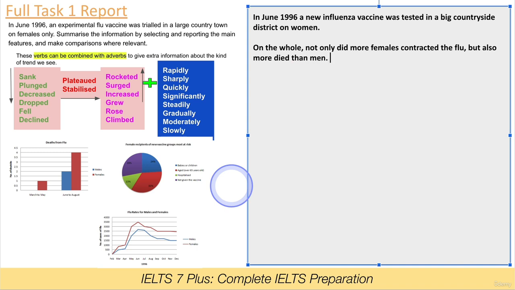And spelling, we're always checking, we're editing as we're going along. Is there something else we can draw upon? Well, actually, flu rates did decrease after June for both men and women. So let's add that in.